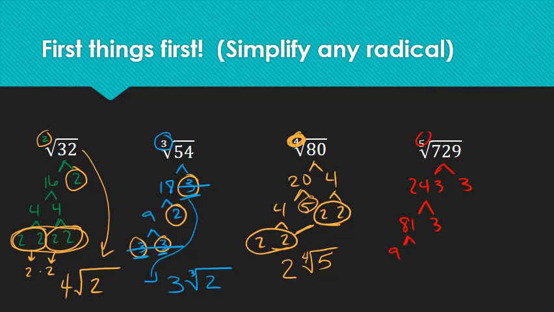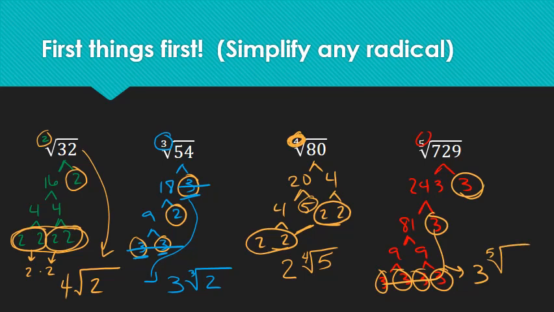Now I can do this: 9 times 9, 3, 3, 3, and 3. Remember, I'm looking for groups of 5 of the same number. So I have 1, 2, 3, 4, 5. There's my 5. I can pull that out as a 3, and I'm left over with this fifth root, and that 3 goes on the inside. So this is the breakdown for that fifth root.